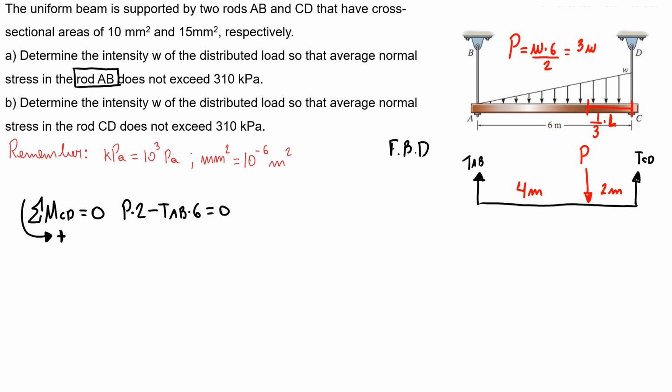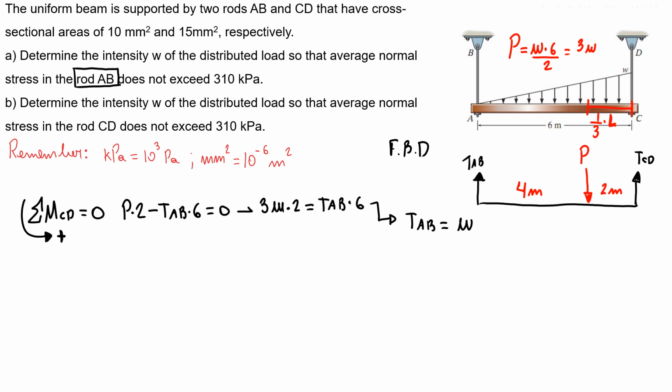So P is 3 times omega times 2 equals TAB times 6, so TAB equals omega in that case.